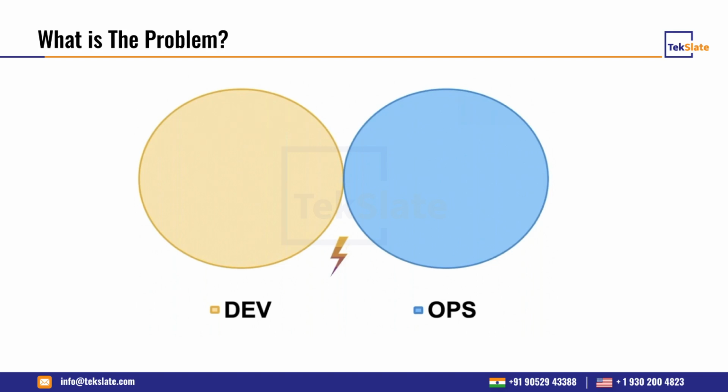But the problem comes when there is a segregation between the two teams, dev and ops, and there is no communication. It's like throwing the ball over the fence: my job as dev is done, you take care of ops, and there are lots of confusions. So how do we solve this problem and make the product a one-team effort to generate more and more business value?